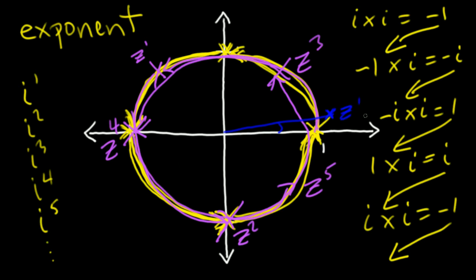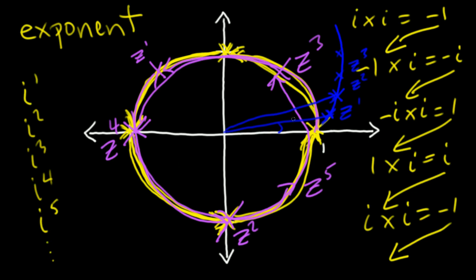If this were z to the first, z to the second would be about that much of an angle, but it would be a little bit further out from the origin because z has a magnitude, or a distance from the origin, that's greater than 1. So we would scale and rotate. So that would be z squared. z to the third would be out here somewhere, and z to the fourth would be out here. We would spiral out away from the origin.